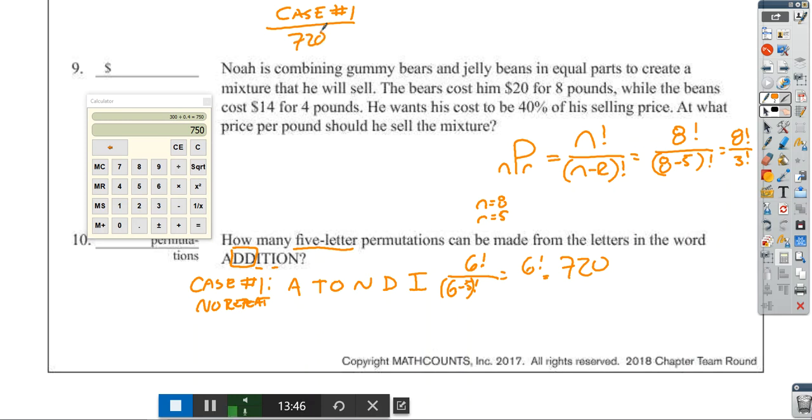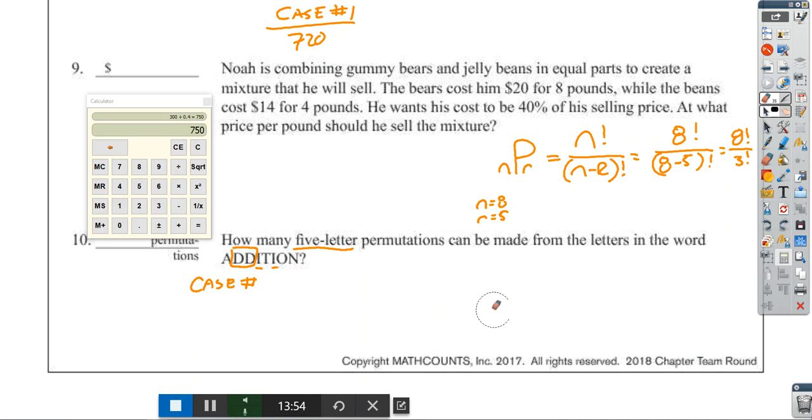Well, if we have case 1, guess what? We're going to have a second case. So in case 2, let's say we have, oh, I don't know, both D's or both I's. So let's say we have A, D, D, so we're repeating the D's, T, O, N. 1, 2, 3, 4, 5, 6.